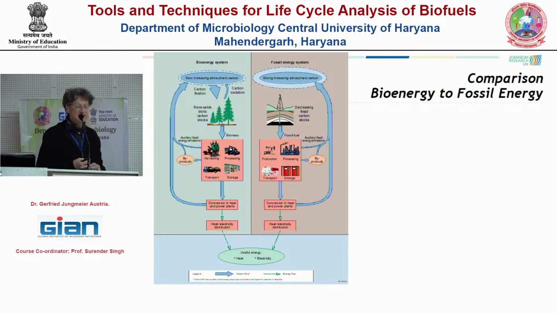But for the fossil energy, of course, you start with the raw oil or fossil energy underground. So the carbon stored underground is also extracted and transported until you provide a certain service. But the carbon finally ends up in the atmosphere. So you see here, this is what ends up in the atmosphere, whereas the bioenergy, in a sustainable way, has the possibility that the carbon cycle is closed.